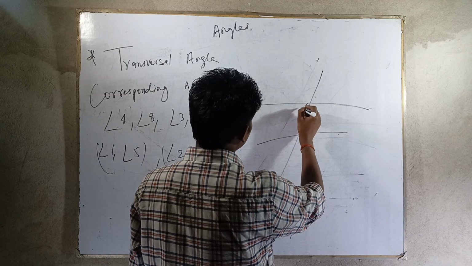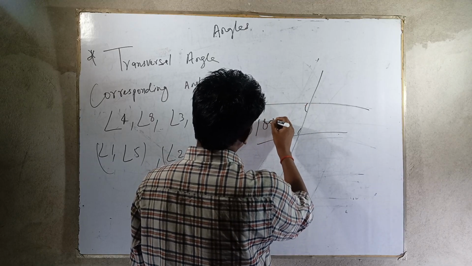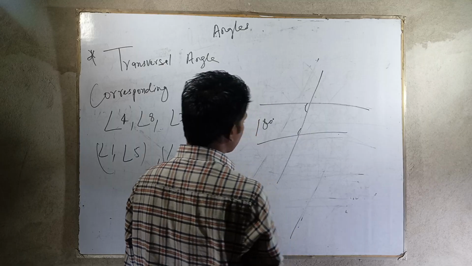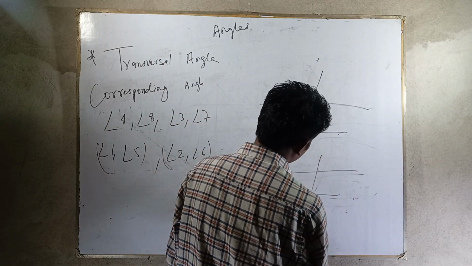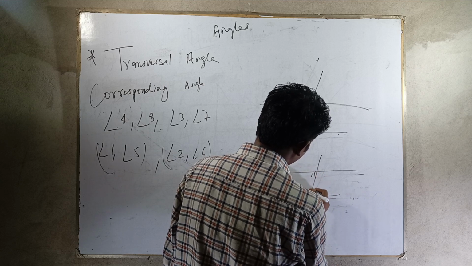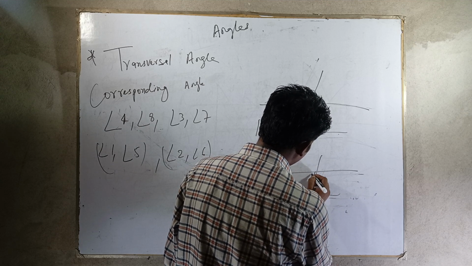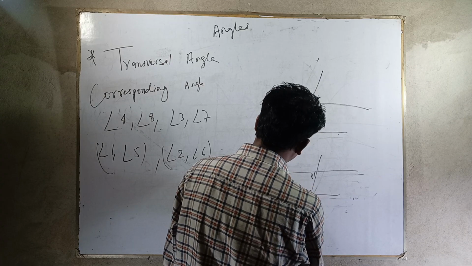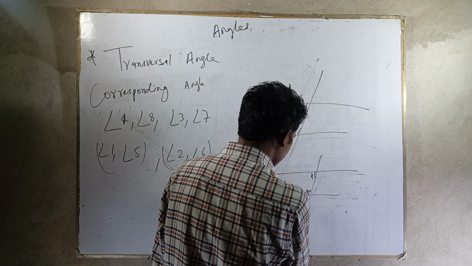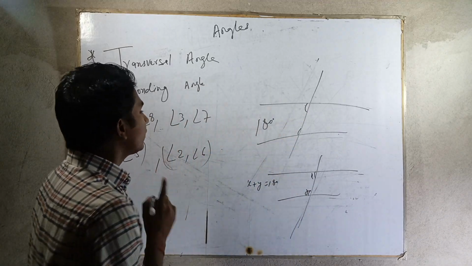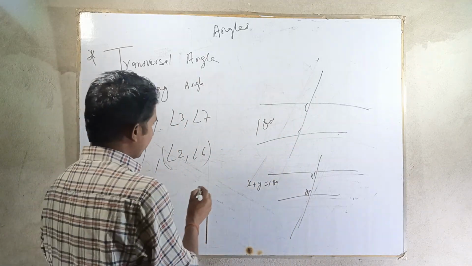This one equals 180 in a transversal parallel. So you have to memorize and always remember that the sum of angle x and angle y is always 180. This is the rule of transversal parallel, but not everywhere.